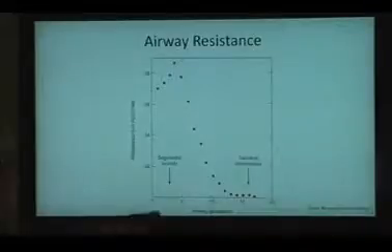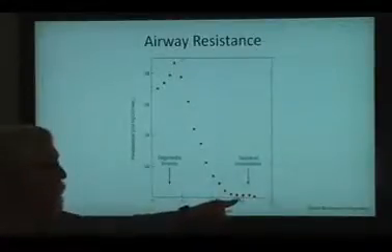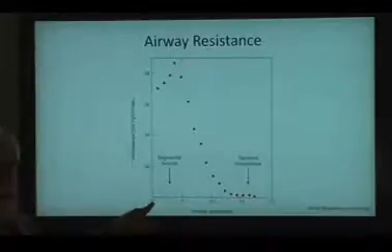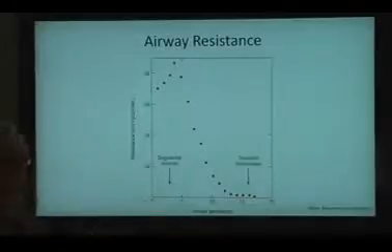And the reason for that is that there are millions of small airways. There's only one trachea, obviously, as you know, and all the flow goes through that single airway.